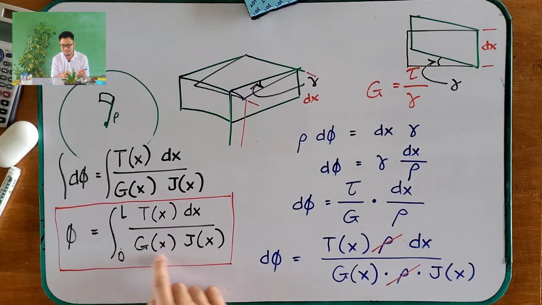So in this case, it is given that your torque along a shaft will vary. So, nag-increase ang torque from here to here. Okay? Ang atong G of x, mao ni ang atong modulus of rigidity sa atong shaft as a function of x again. So, in this assumption nga, ing ani nga function, ang atong modulus of rigidity lahi diri, lahi diri, and lahi siya throughout the length.